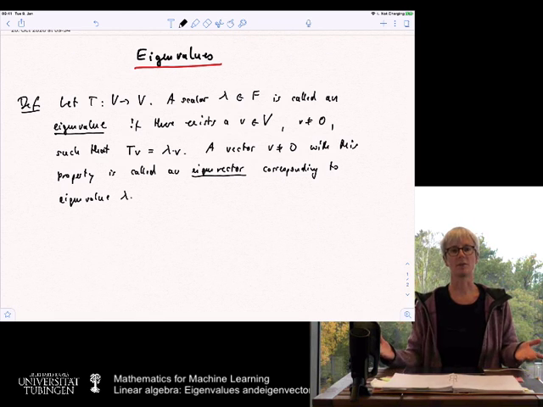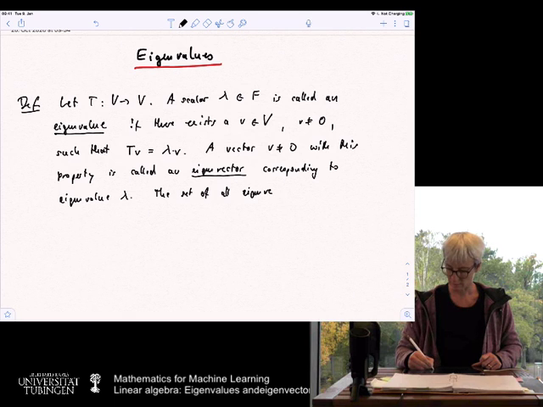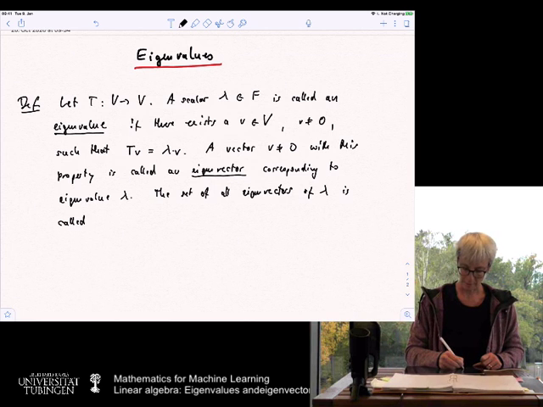And now we need to talk about an eigenspace. The set of all eigenvectors of this eigenvalue lambda is called the eigenspace.